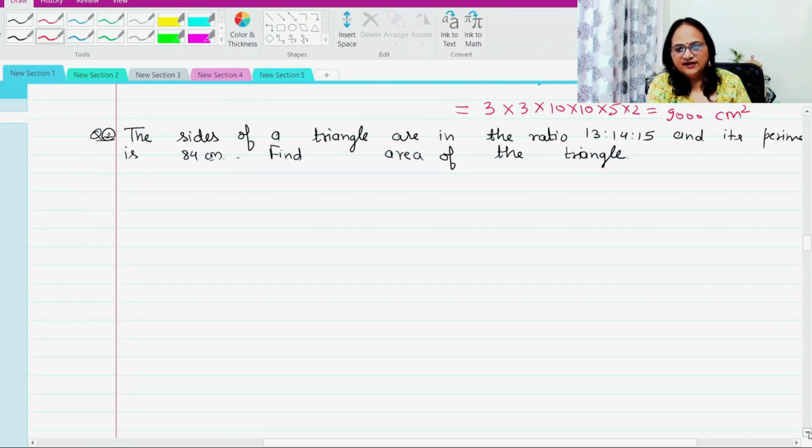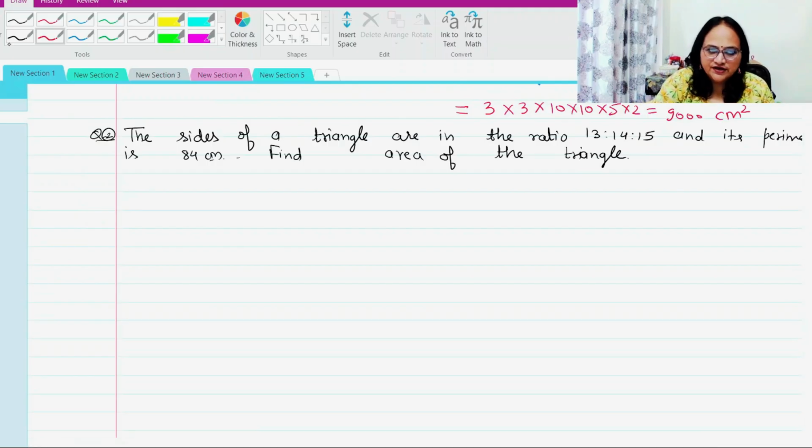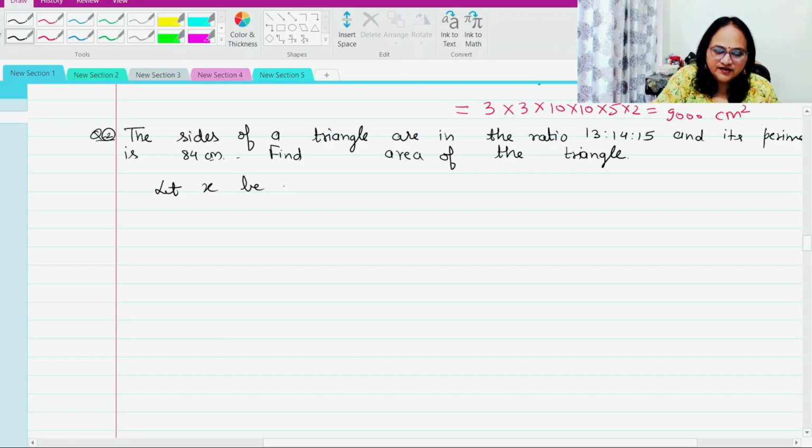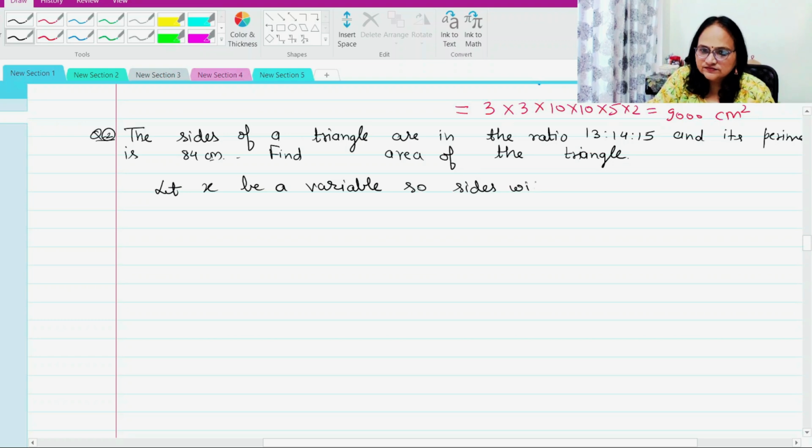The sides of a triangle are in the ratio 13, 14, 15. So let x be a variable. Sides will be 13x, 14x and 15x.